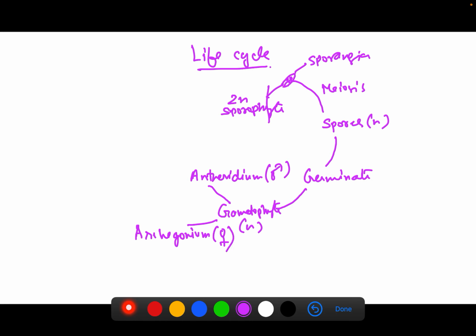The antheridium will produce the antherozoid, or the male gamete, isn't it? So, male gamete.